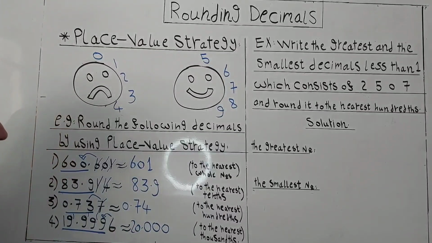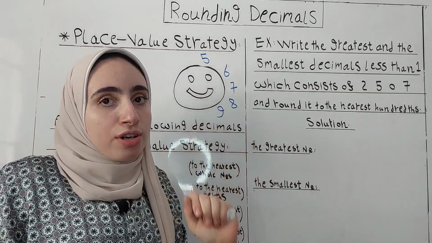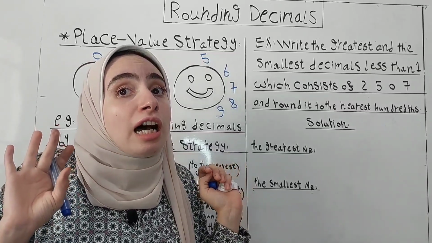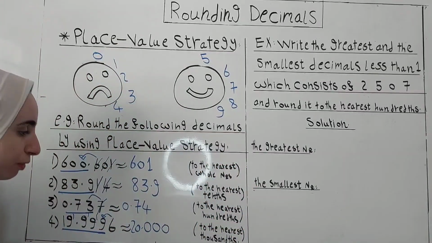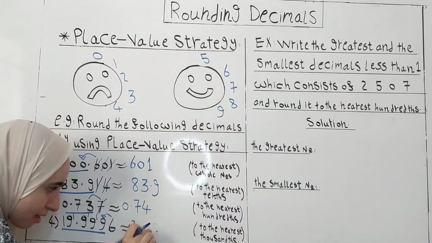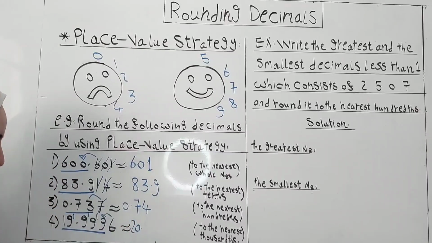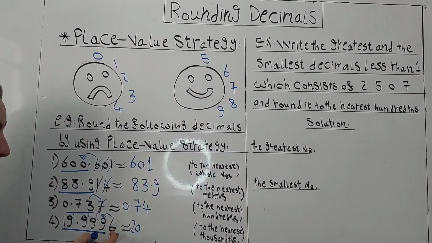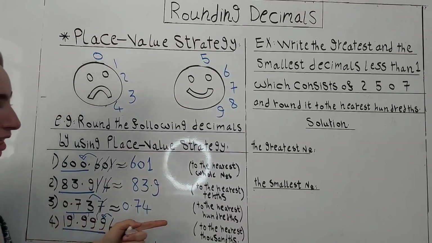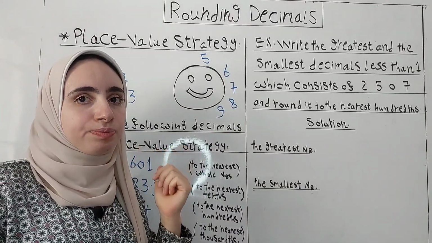And we write the decimal point. Now, we learned that zeros at the right of the decimal part have no value, so we drop and ignore these zeros. So this number approximately equals 20 to the nearest thousandth.